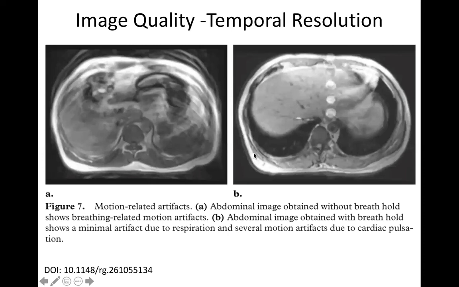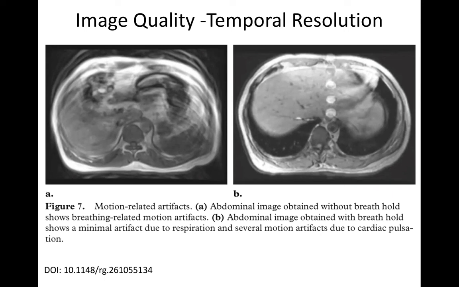So given those numbers, we can look at some of the effects of having low temporal resolution on artifacts in images. And again, this is basically a cottage industry: how do you characterize artifacts, motion artifacts being one, and how do you get rid of them?